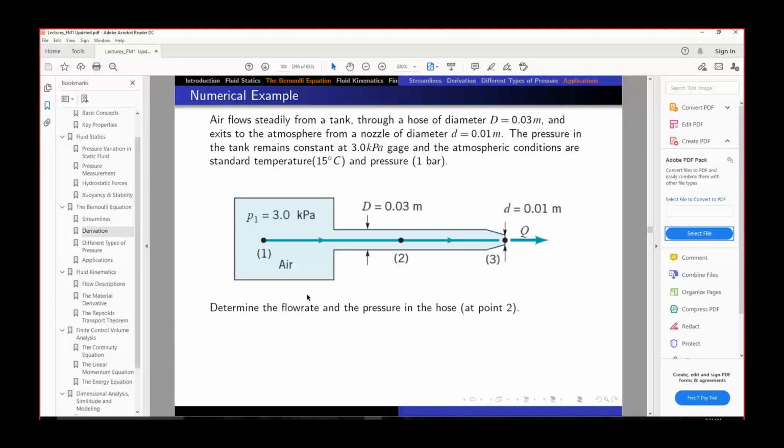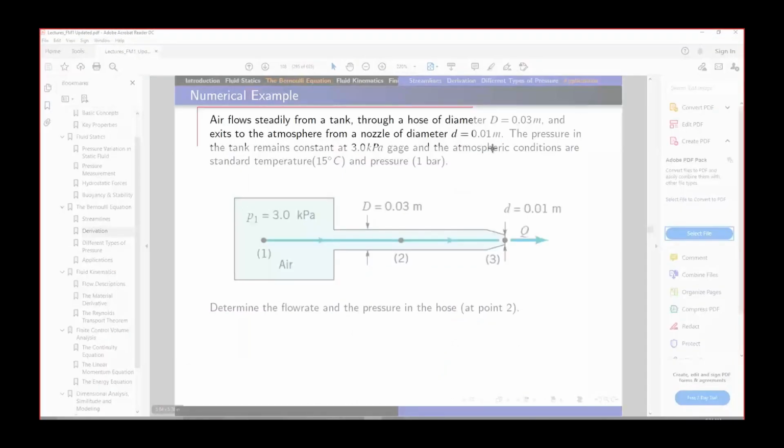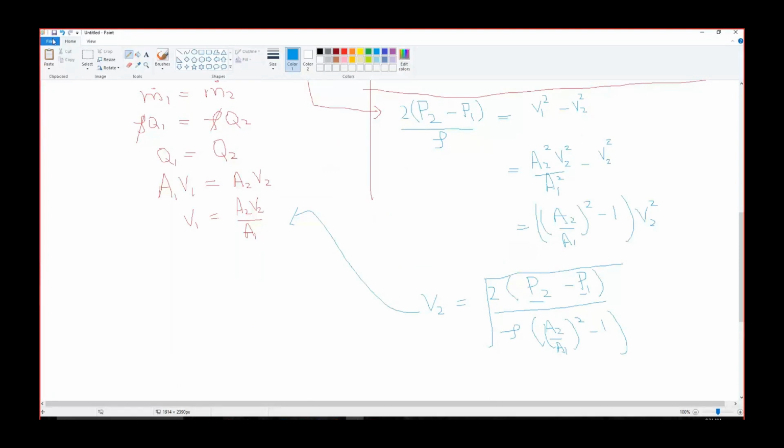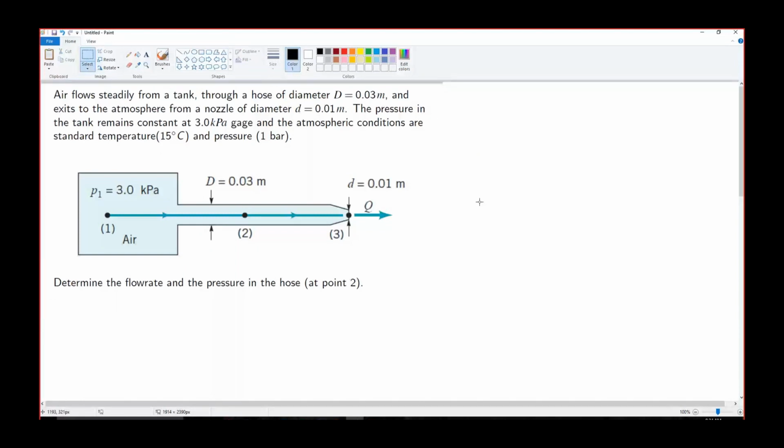We solve a simple problem in which we are basically applying both concepts, that is the free jet application and the confined flow application. In this problem, we have air that is enclosed in a tank, and it steadily flows from this tank through a nozzle of diameter D, which is 0.03 meters.